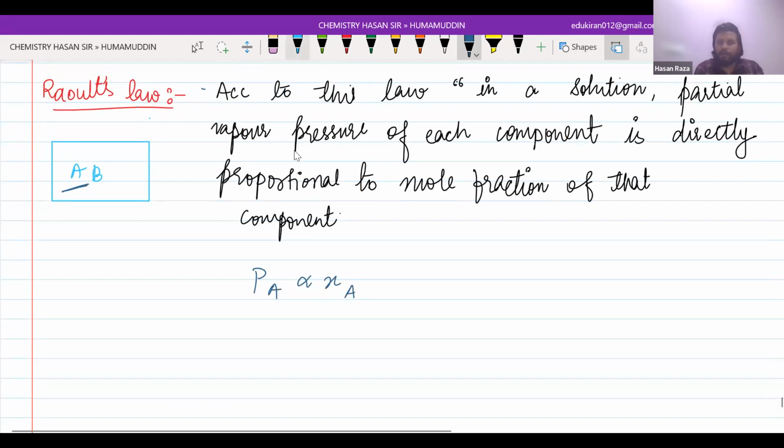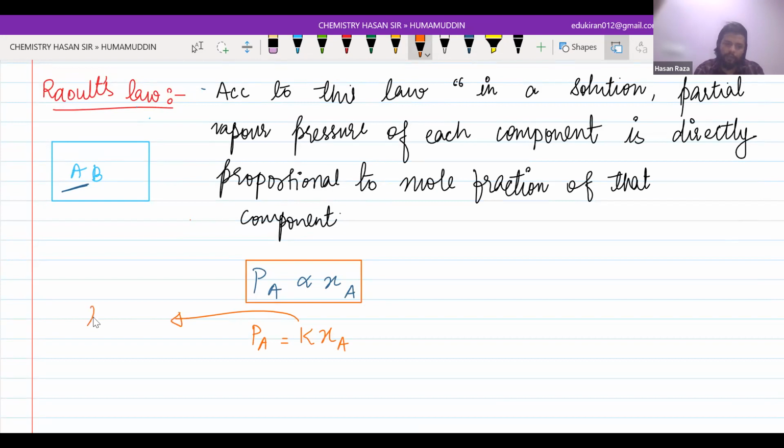This is what Raoult's law says. The partial vapor pressure of each component will be directly proportional to the mole fraction of that component. To remove this proportionality sign, I'm going to use K, and this is your proportionality constant.